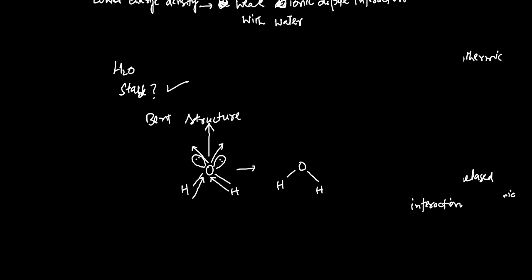So the overall dipole moment of a water molecule is very high, almost equal to 1.85 Debye. Somebody will ask you about the dipole moment of water. This is a very high value, and don't say it is just 1.85. 1.85 is a very good value.